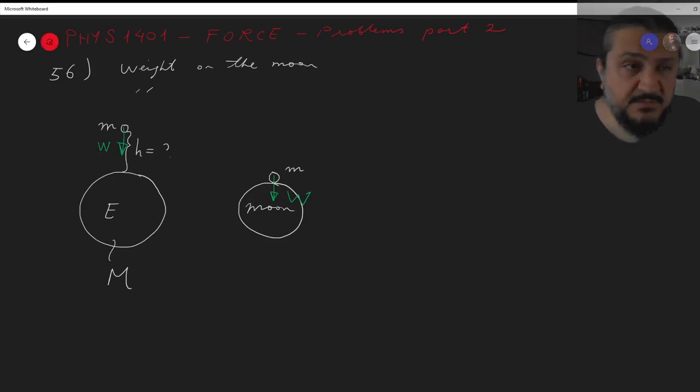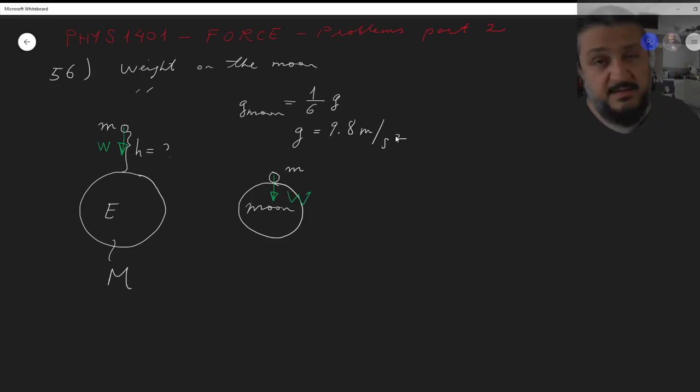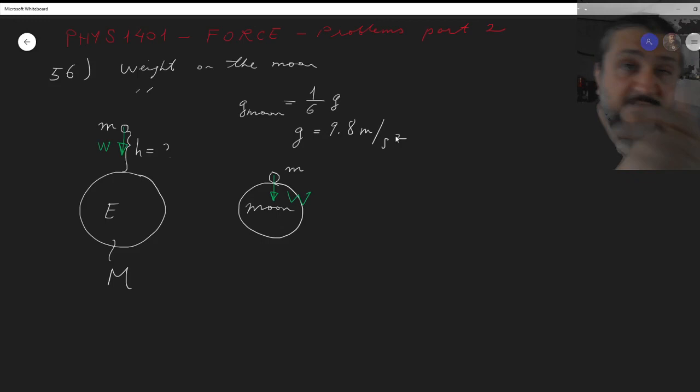All right, so g on the Moon is 1/6 of the g on Earth, and g is approximately 9.8 meters per second squared. Okay, that's on the surface. Let's call it the lab frame. The acceleration due to gravity in the lab is 9.8 meters per second squared.